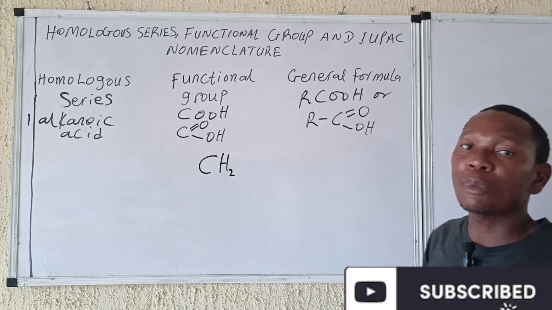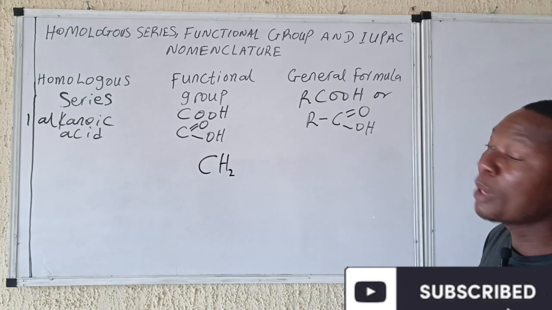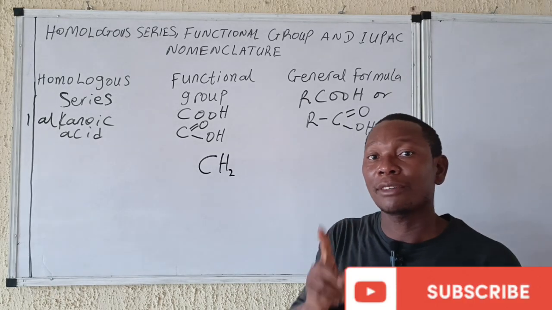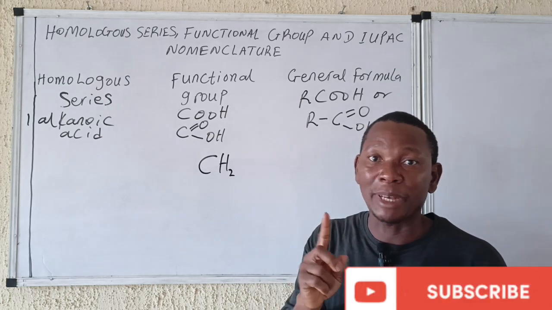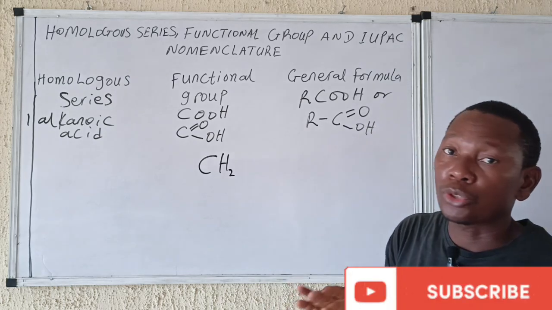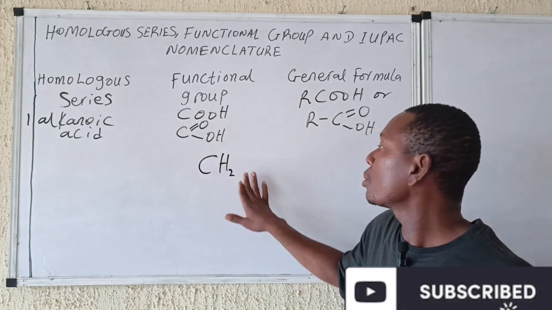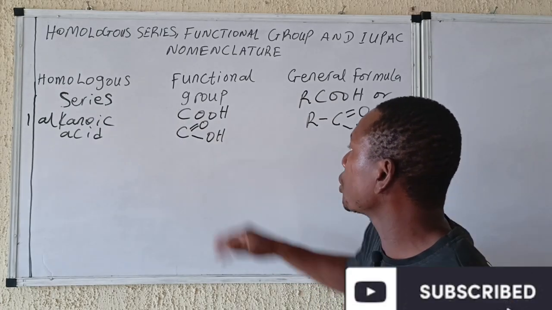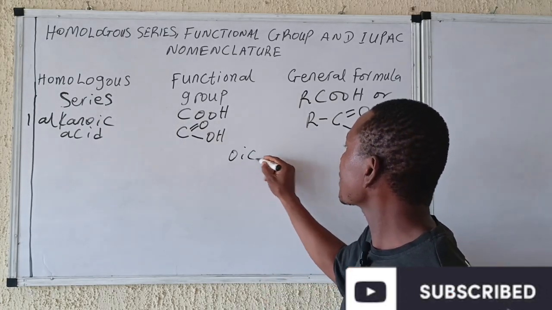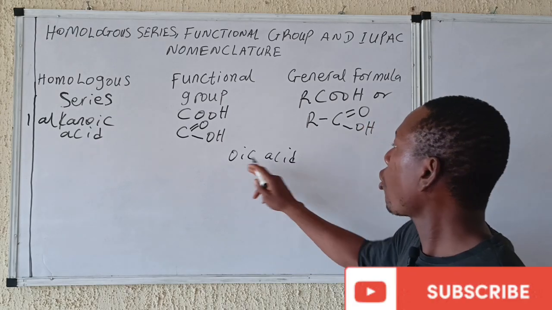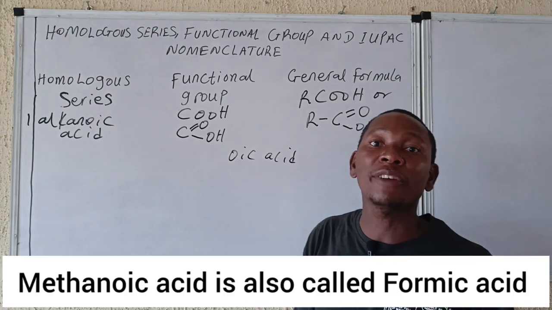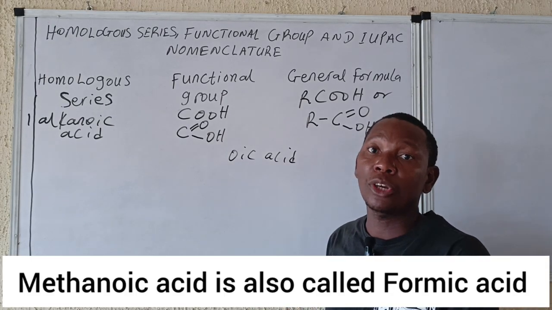The first member of this group, remember, I always make mention of the fact that the first carbon is met or meta. In this case, all the compounds in this group end with oic acid. So the first member will definitely be methanoic acid.